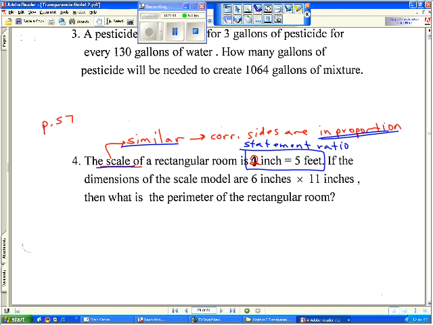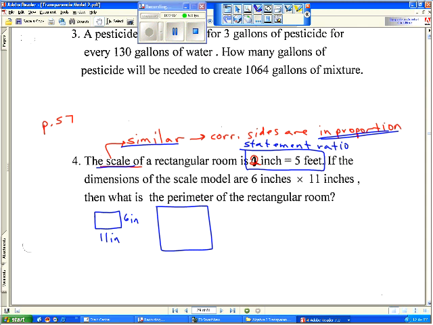All right. If the dimensions of a scale model are 6 inches by 11, we're going to draw a picture. And the reason we're drawing our picture is so that we can clearly see the question ratio. 11 inches by 6 inches for my scale model. That's symbolic of a big old room that's measured in feet.